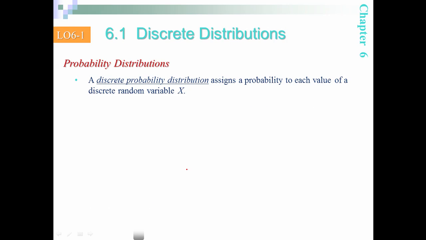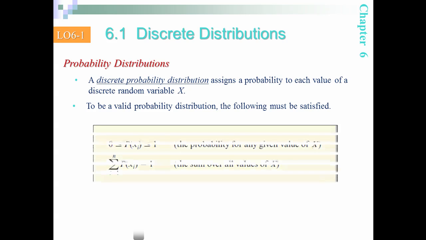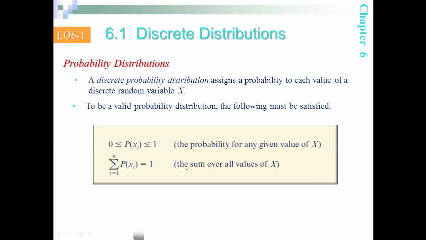In the case of a discrete random variable, the probability distribution assigns a probability, or a number, between 0 and 1 to each value that the random variable can take on. And the following things have to happen, and this is very similar to what we did in Chapter 5. All of the probabilities have to be between 0 and 1, and they can include 0 and 1, and the sum of the probabilities has to be 1 over all the values in that sample space.